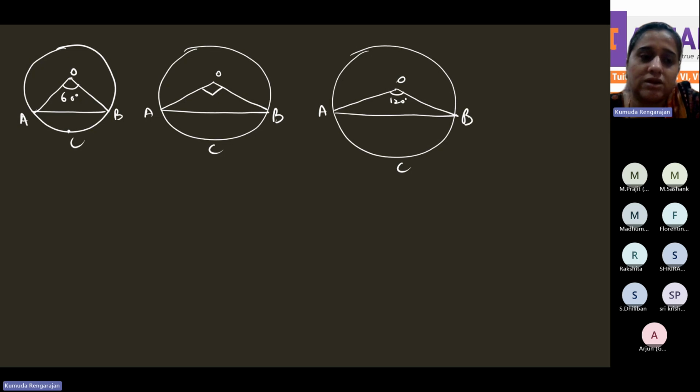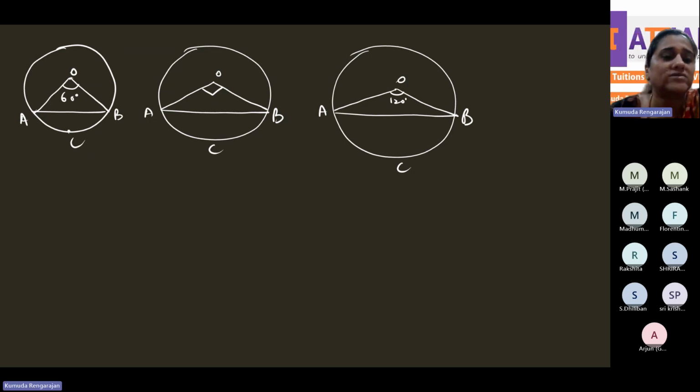We're trying to understand how to find the area of the triangles associated with the sector. So when we talk about triangles, you will have only these 3 situations.